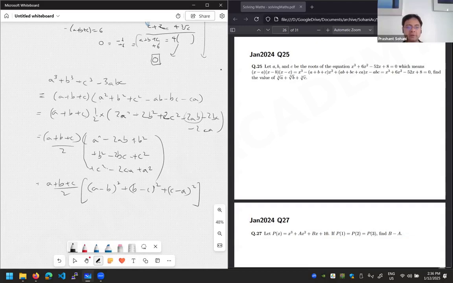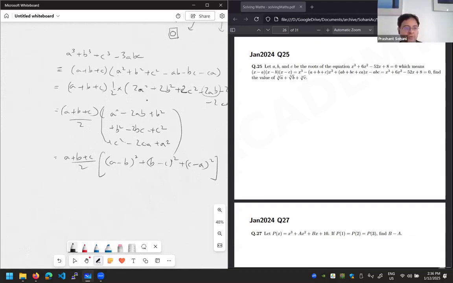Okay, so this is a slightly different version of the same identity. The LHS is the same, so I've not changed the LHS. Okay, so a cube plus b cube plus c cube minus 3abc is equal to a plus b plus c by 2 into a minus b bracket square plus b minus c bracket square plus c minus a bracket square.